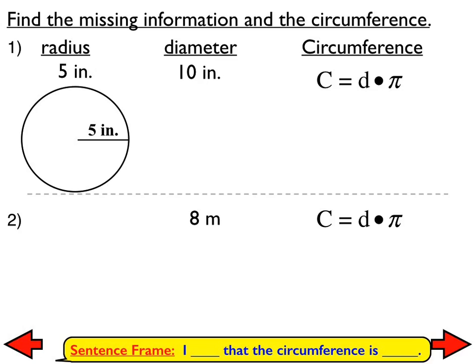I'm doing that because that's what we need to find the circumference. We need the diameter. So since we know right here that the diameter is 10, that's what we substituted in for the diameter right there. So that would make the circumference of that circle 10 pi inches.